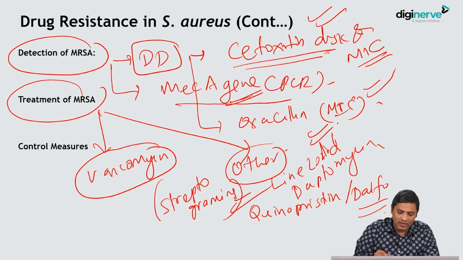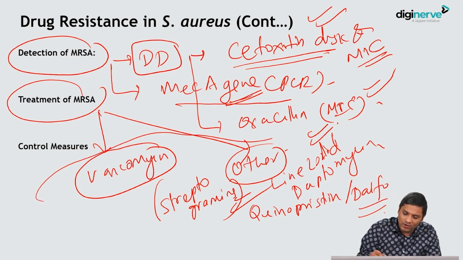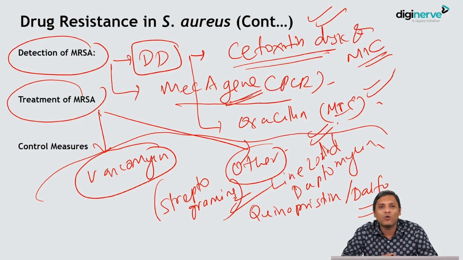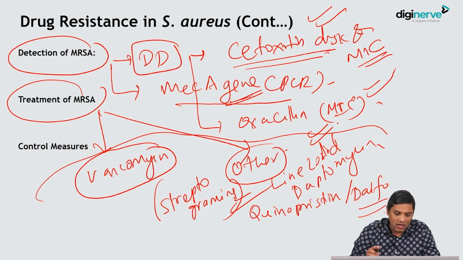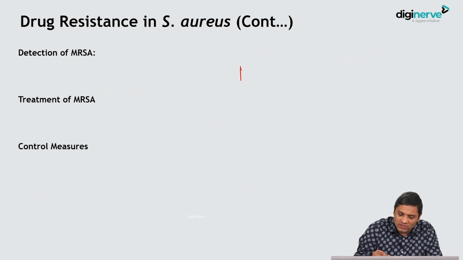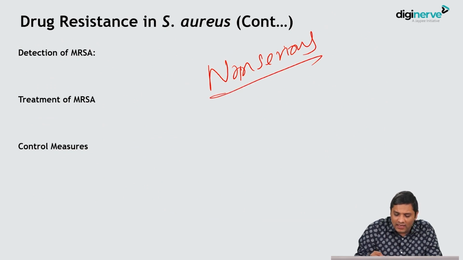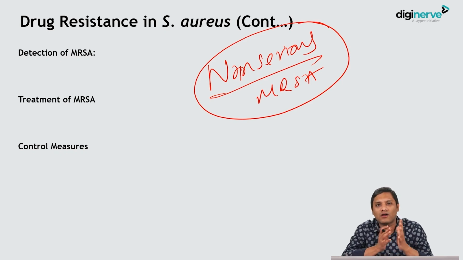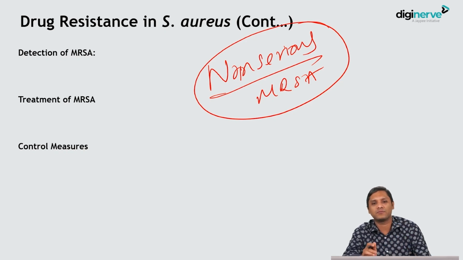I want to tell you that vancomycin and other higher class of antibiotics are important only when you have a serious infection. Suppose you have a non-serious infection due to MRSA, then you try to explore other classes of antibiotics other than beta-lactams.